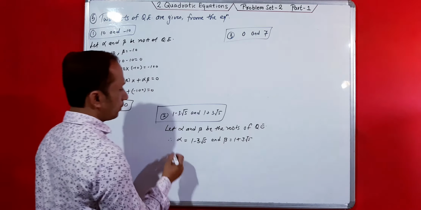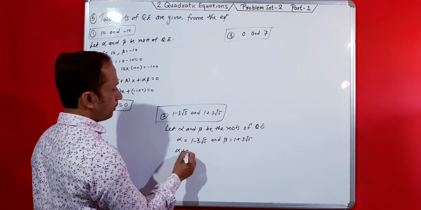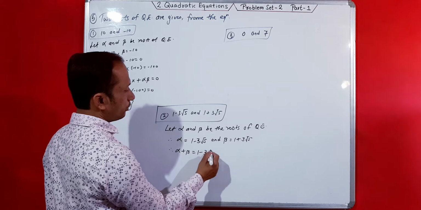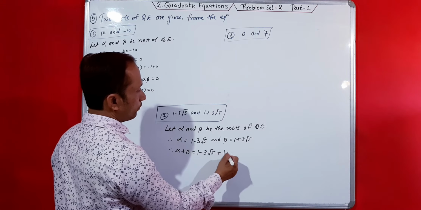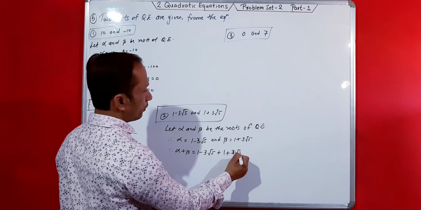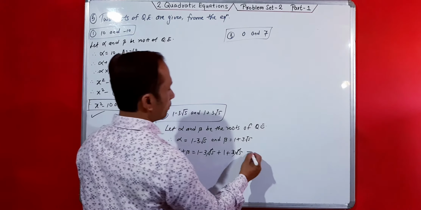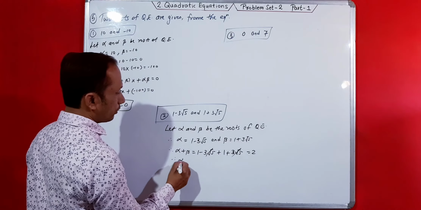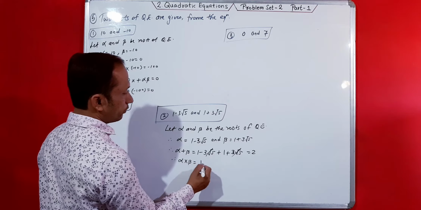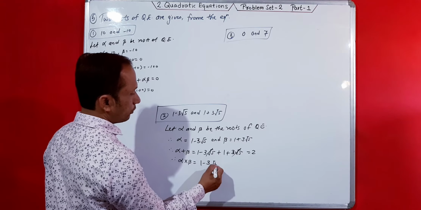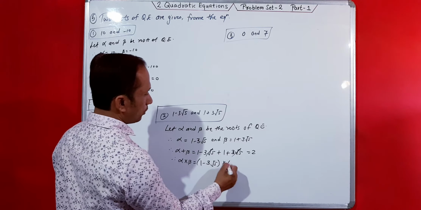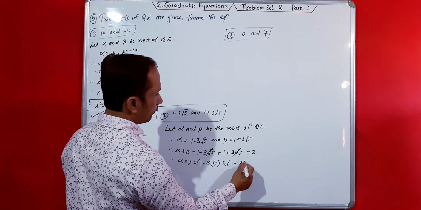Therefore alpha plus beta is equal to 1 minus 3 root 5 plus 1 plus 3 root 5. These two get cancelled, so it is 2. Therefore alpha into beta is equal to (1 minus 3 root 5) into (1 plus 3 root 5).